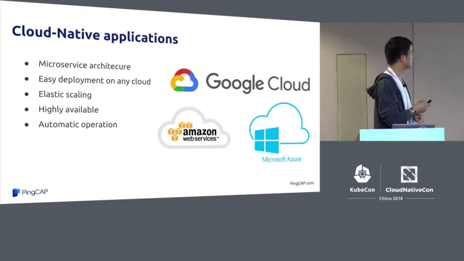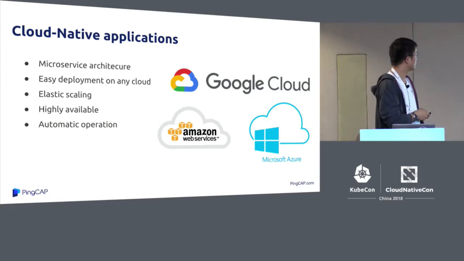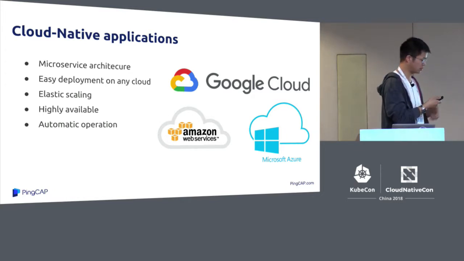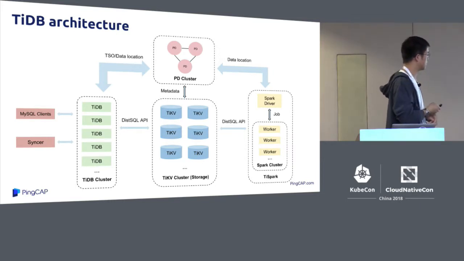Also, the microservice architecture allows us to have elastic scaling, as we've just seen that the three core components can all scale horizontally.